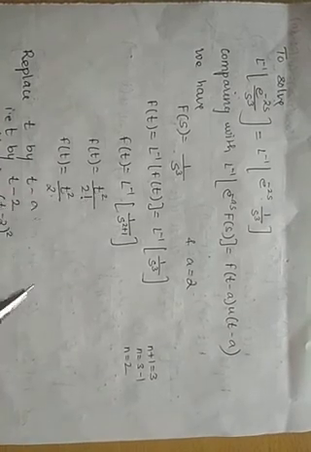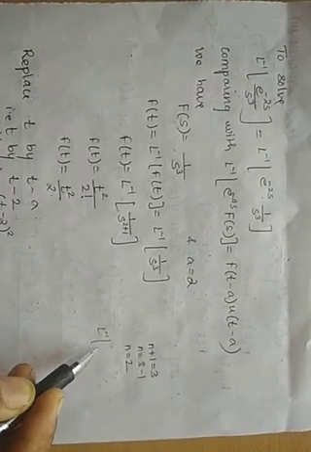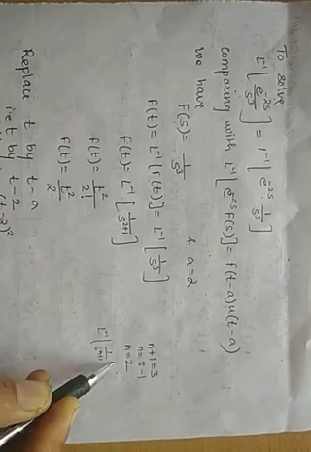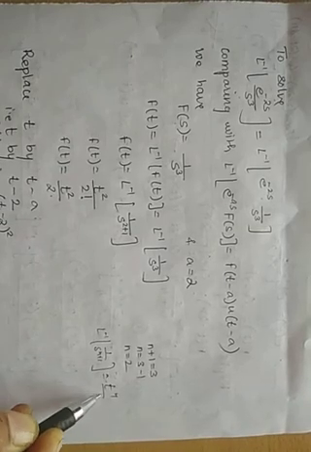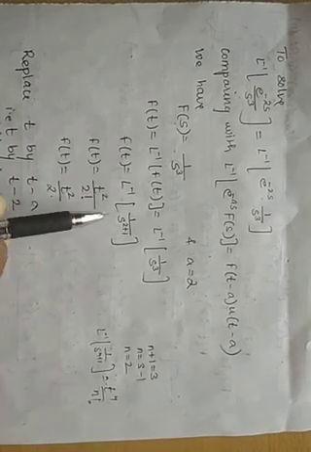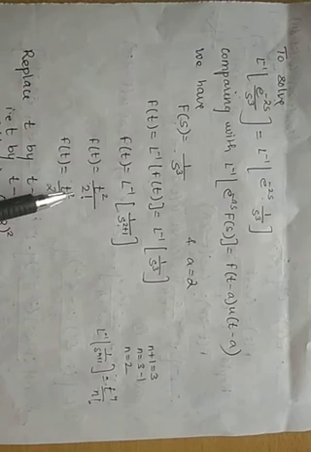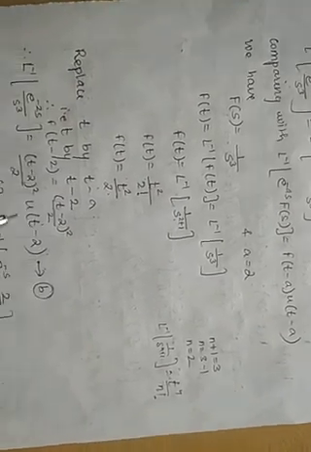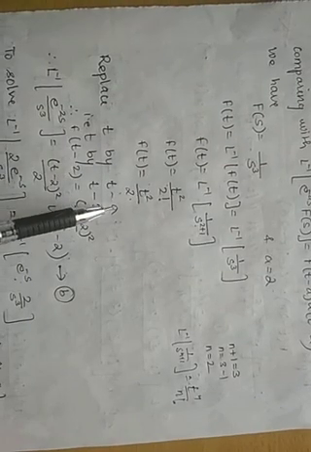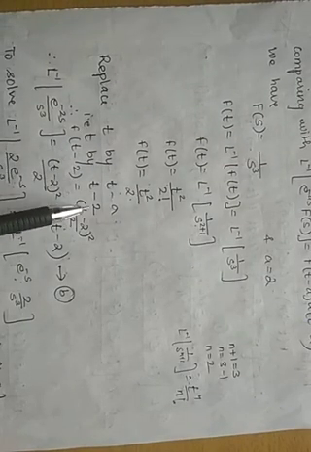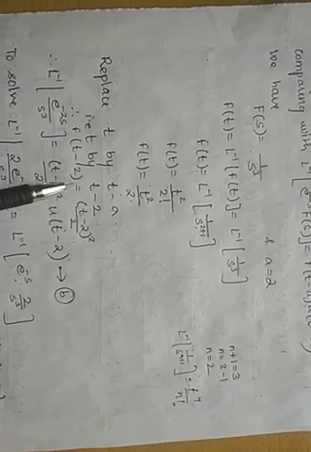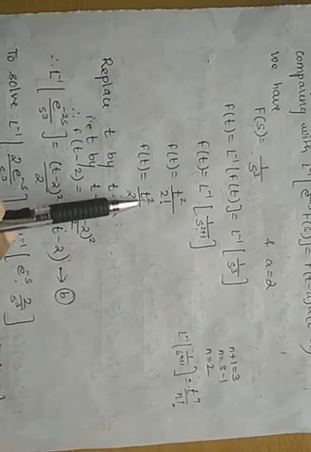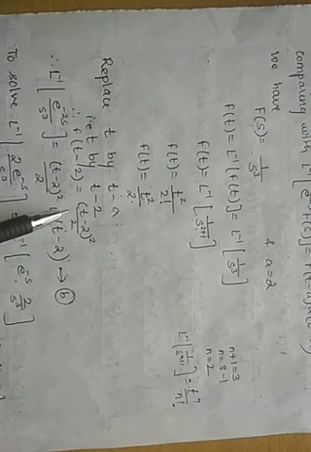Because L inverse of 1 upon s raised to n plus 1 is equal to t raised to n upon n factorial, with n equal to 2, it is t square upon 2 factorial, that is t square upon 2. Now replace t by t minus a, that is t minus 2. So f of t minus 2 is equal to t minus 2 the whole square upon 2.